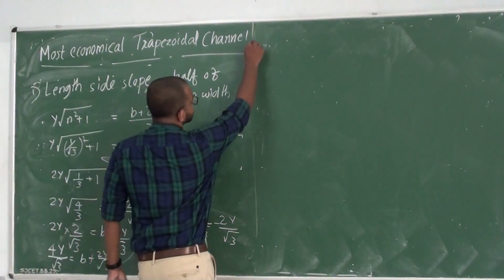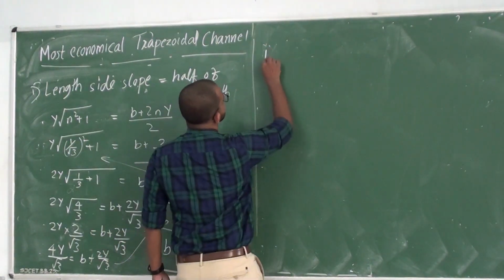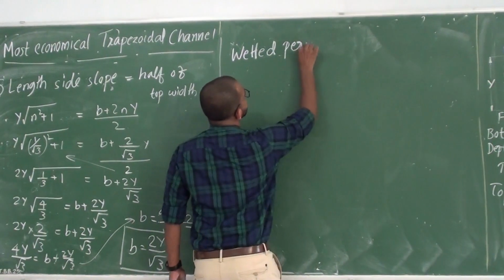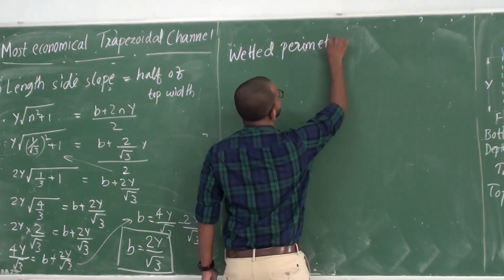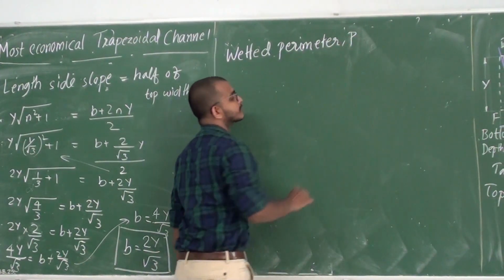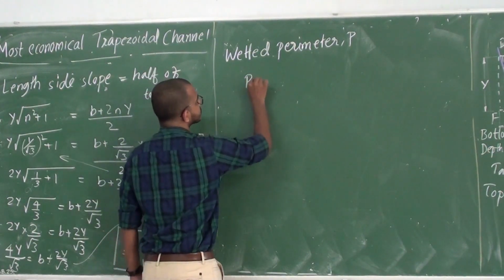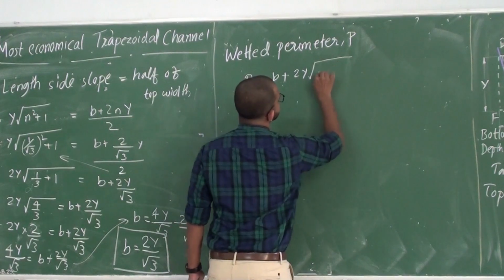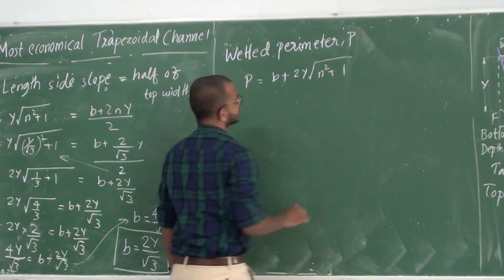Now let us find out the wetted perimeter P. So wetted perimeter P is equal to b plus 2y into square root of n square plus 1. That is the wetted perimeter.